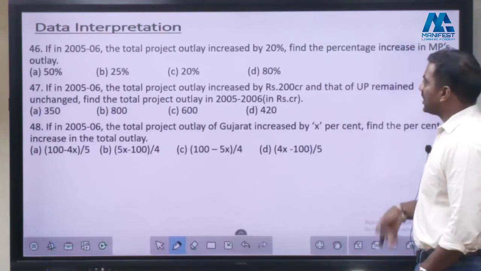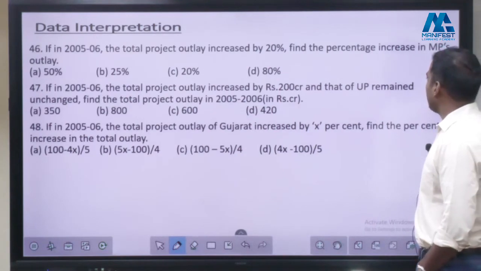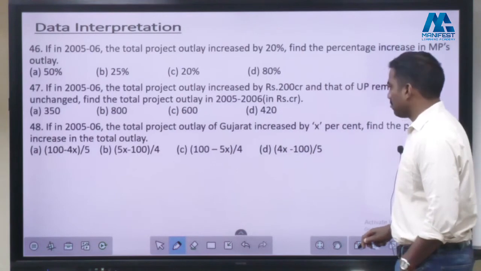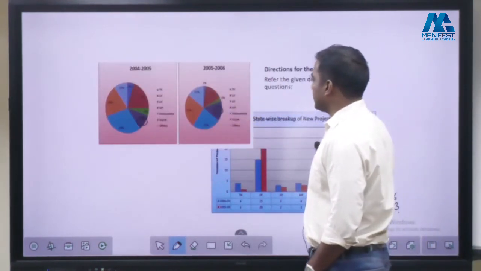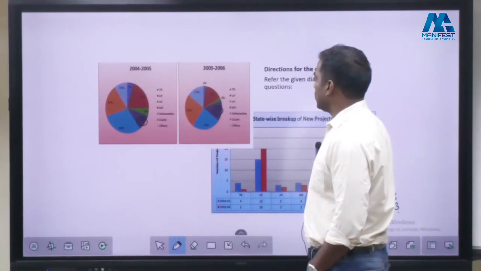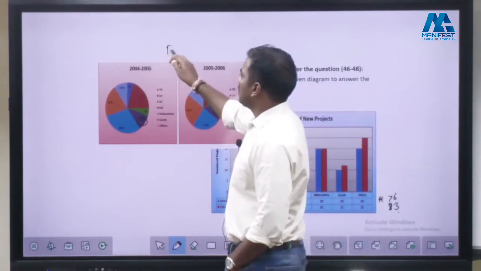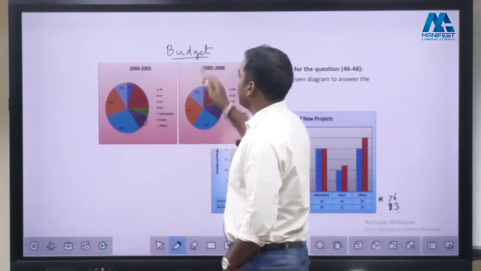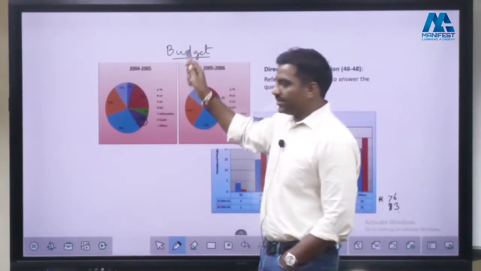If the total project outlay increased by 20%, find the percentage increase in MP's outlay. Total project outlay is 20% increased. I think this is budget. These are number of projects and these are budgets.